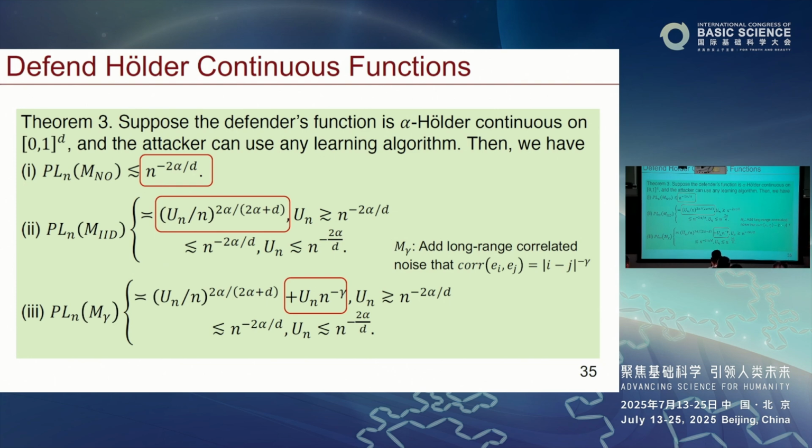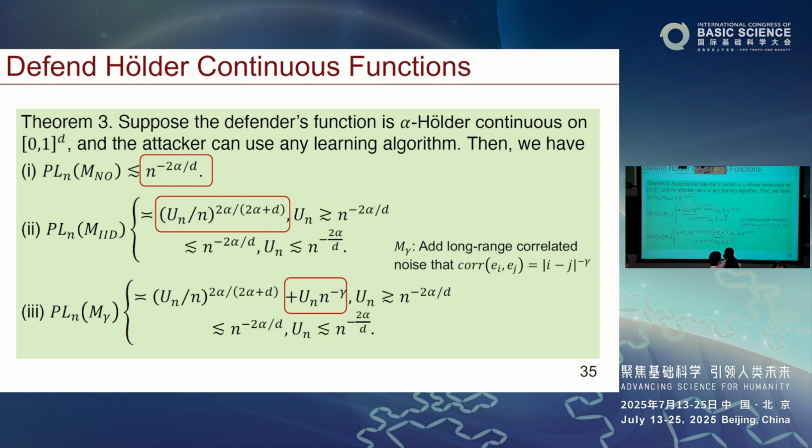The correlation is |i minus j| to the minus gamma. When gamma is less than 1, that's called long-range dependence. Why? Because the sum of the correlations is infinity. It does not sum. That means the correlation is still high, even if i and j are far apart. That's the meaning of long-range dependence.